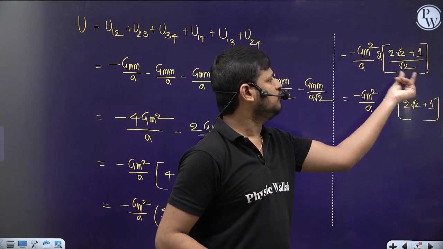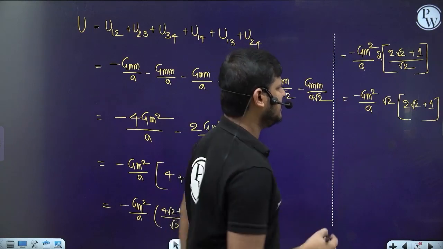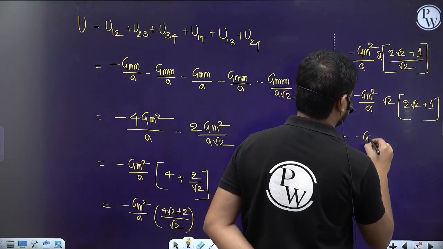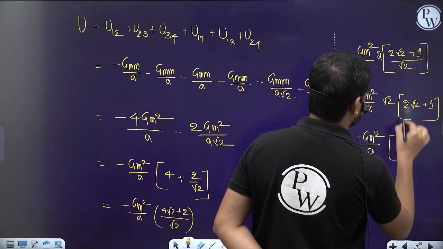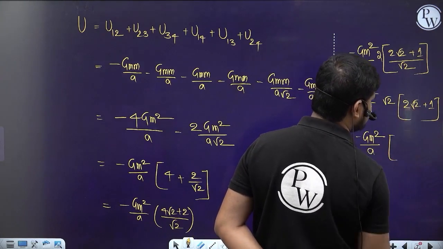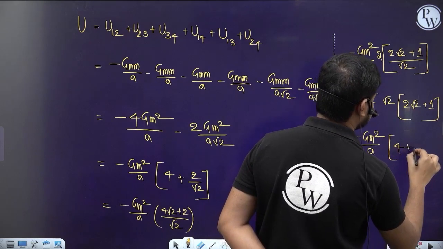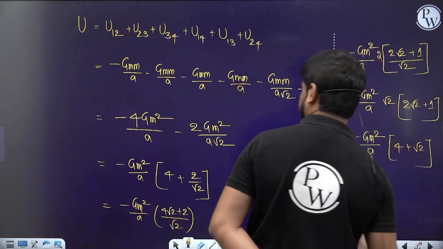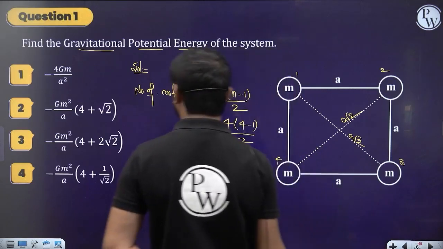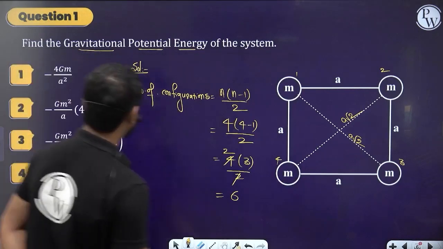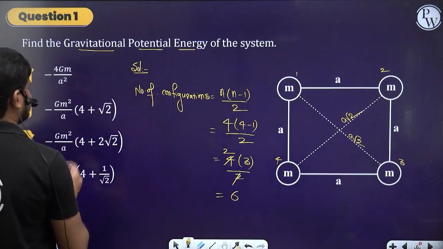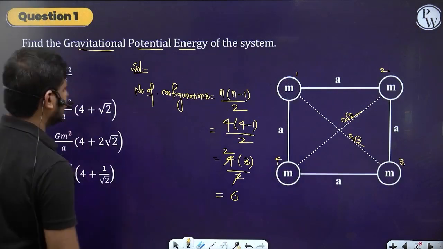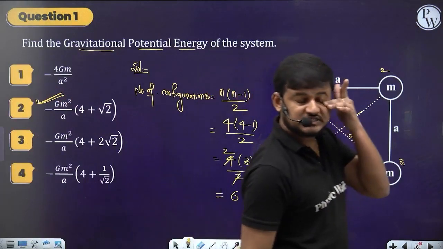So 1 root 2 gets cancelled and 1 more root 2 will be left. Minus G m square by A, 2 into root 2 is 4, plus this root 2. So the correct option is minus G m square by A, 4 plus root 2. Option 2 is the correct one.